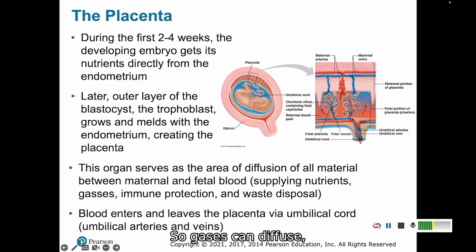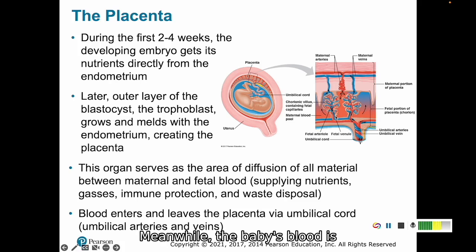So gases can diffuse, oxygen can diffuse into the baby's blood supply. Gases, like carbon dioxide, can diffuse out of the baby's blood supply towards the mother's. Nutrients, so sugars, essential fats, vitamins, immune protection, also all of this can happen.